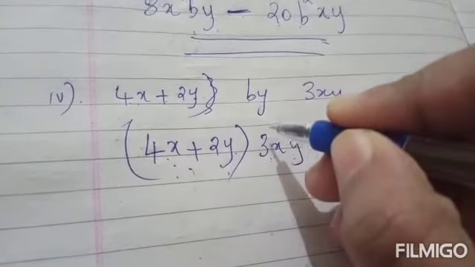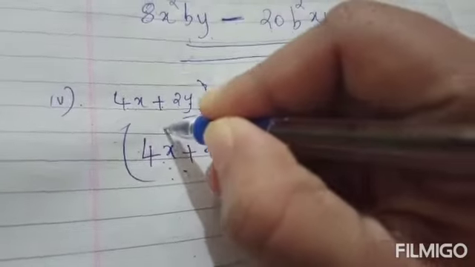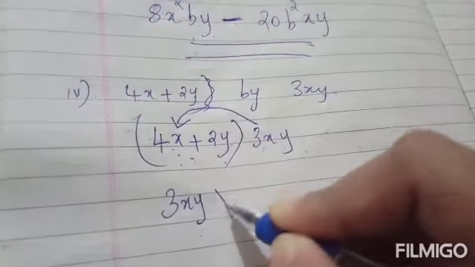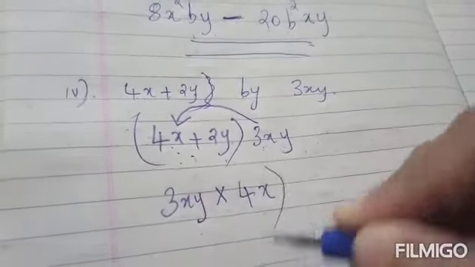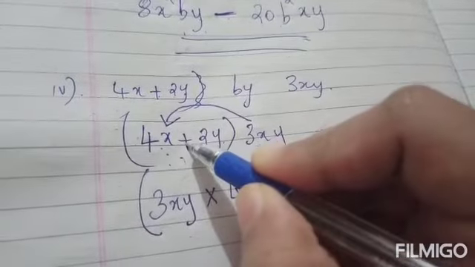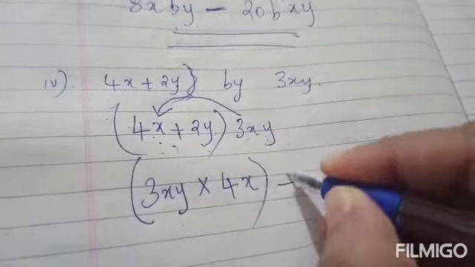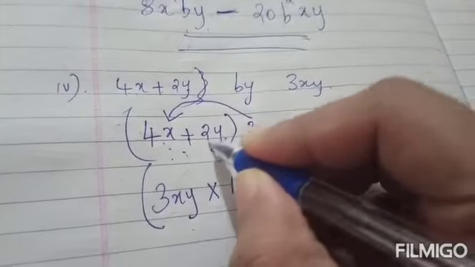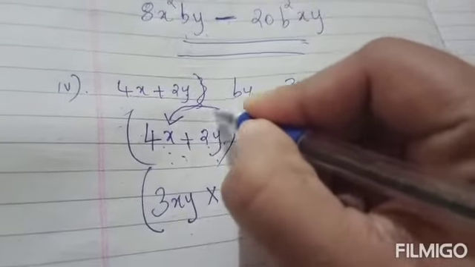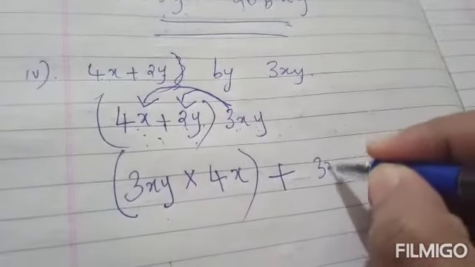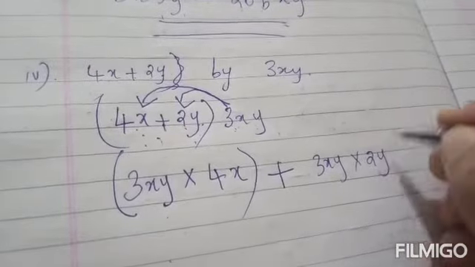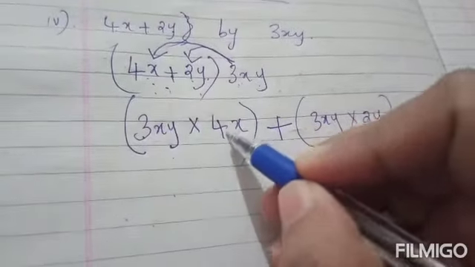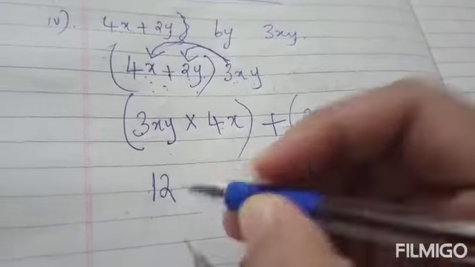So first 3xy is multiplied by 4x. 3xy into 4x in one bracket. Here the sign is plus sign, so write plus sign. Next 3xy is multiplied by the second term, that is 2y. So 3xy into 2y. Now you can multiply. So 3 into 4, that is 12.